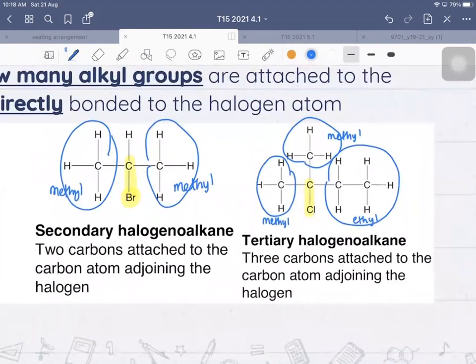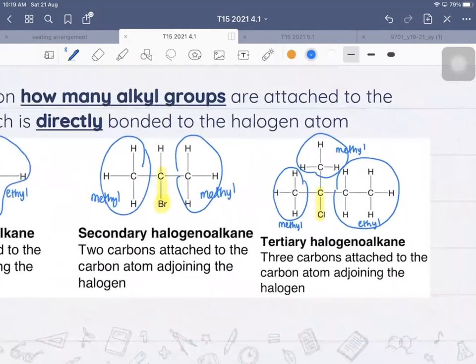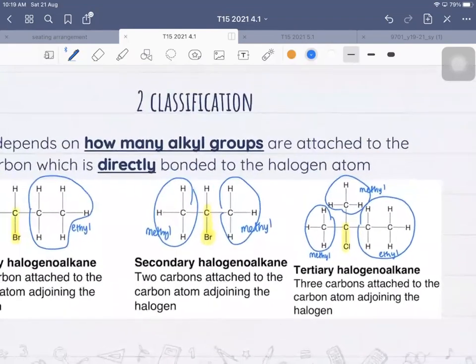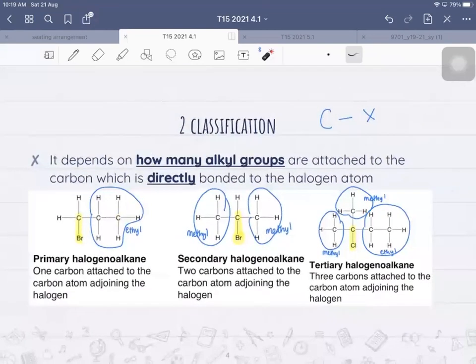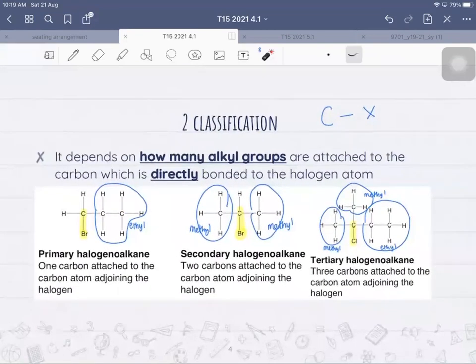Sometimes you will see in textbooks or on the internet, a carbon halogen bond represented as the C-X bond, where X can be fluorine, chlorine, bromine, or iodine. So that's how you identify your primary, secondary, and tertiary halogenoalkanes.